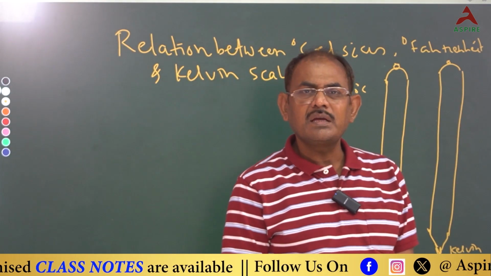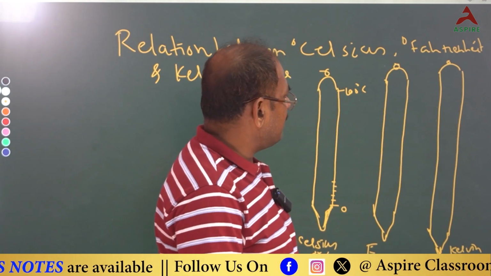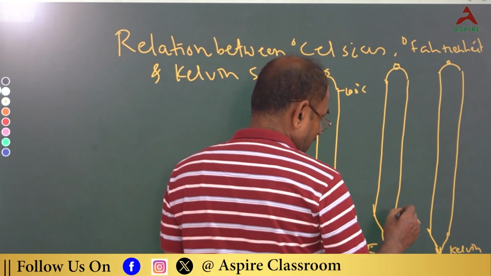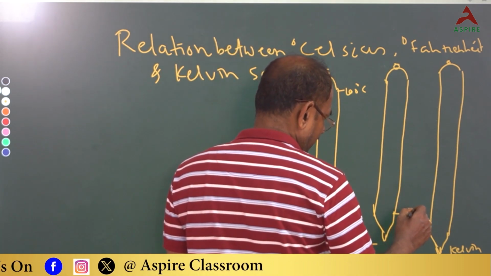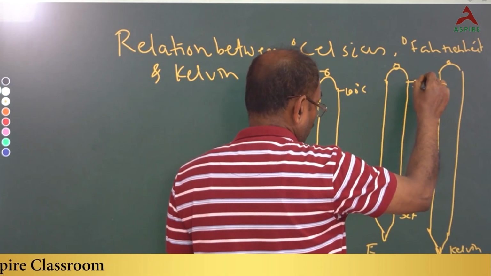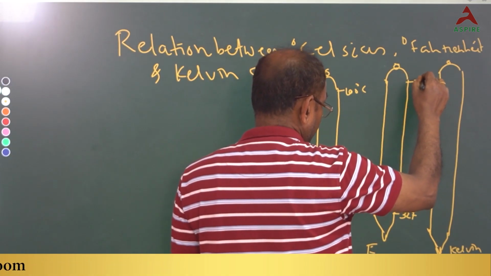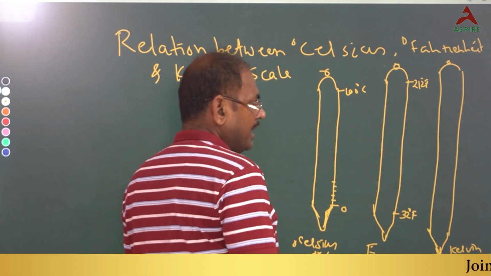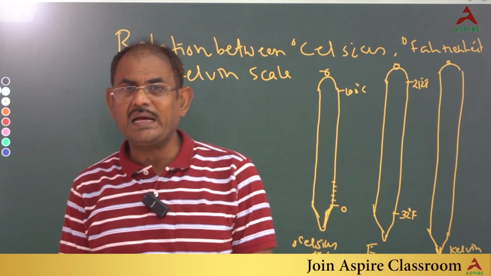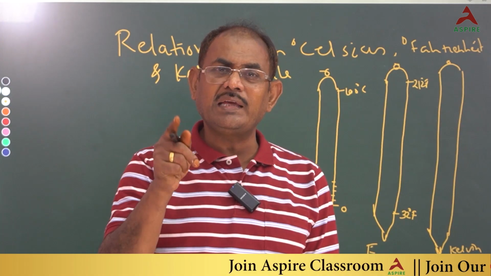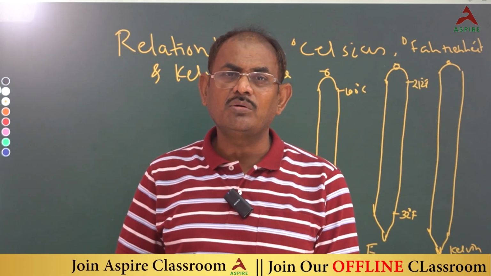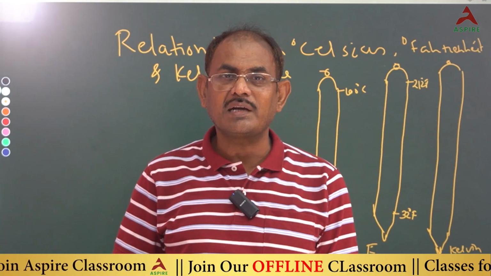Again, in the case of the Fahrenheit scale, the lower fixed point is 32 degree Fahrenheit and the upper fixed point is 212 degree Fahrenheit. Between 32 and 212, there are 180 small divisions and each division is equal to 1 degree Fahrenheit.